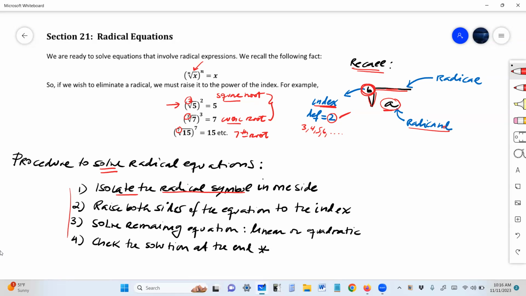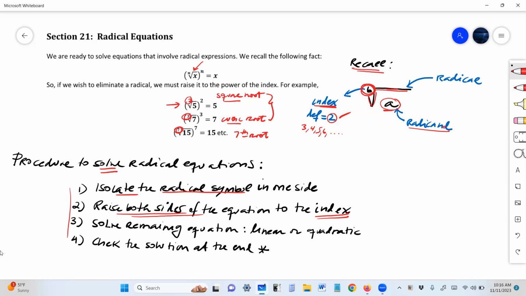Once the radical is isolated and not before, you're going to raise both sides of the equation to the index. If the index is 2, you raise both sides by 2. If the index is 3, you raise both sides by 3. If the index is 7, you raise both sides by 7.